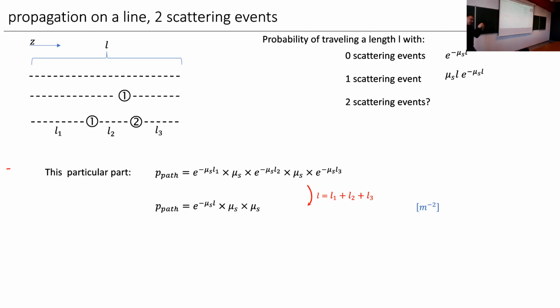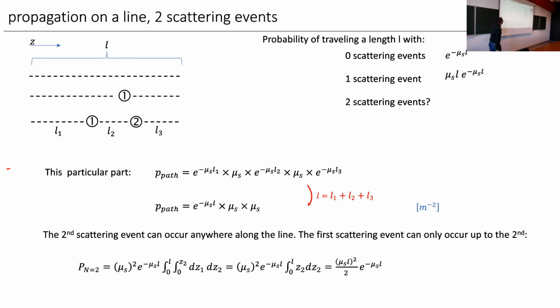If you want to calculate the total probability of having two events, we have to take into account that event number 2 can take place anywhere from 0 to L, and event number 1 can take place anywhere from 0 up until the location of event number 2. So we have to perform that same integral.